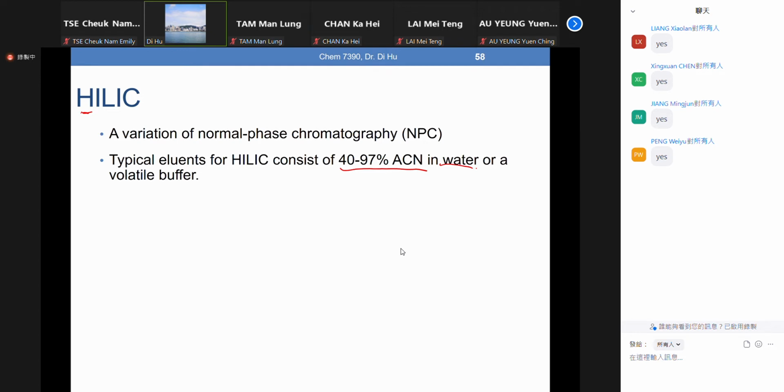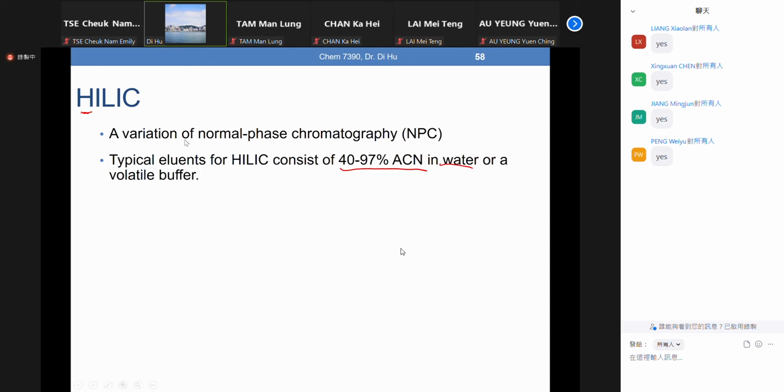ACN in water, you think, oh, that is the mobile phase used for reverse phase. You said this is a variation of normal phase chromatography, so why use a mobile phase that is quite similar to reverse phase? That is a very good thing for HILIC actually.